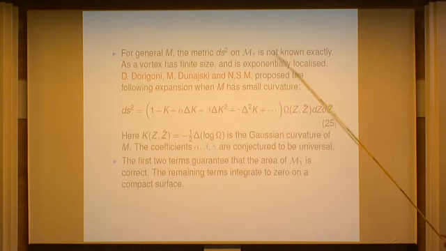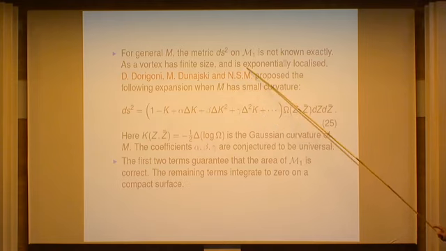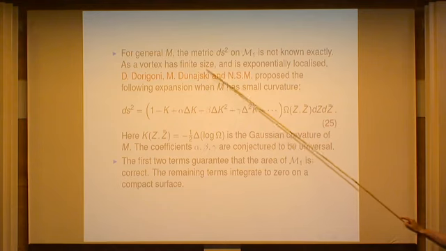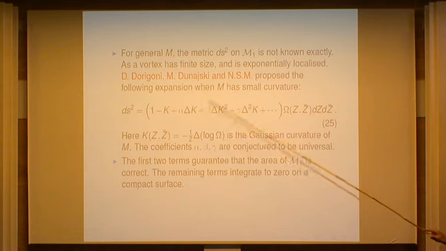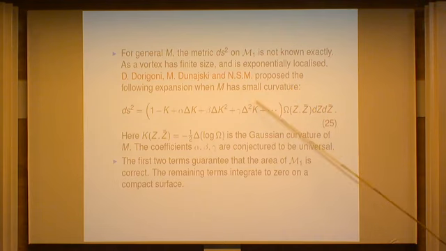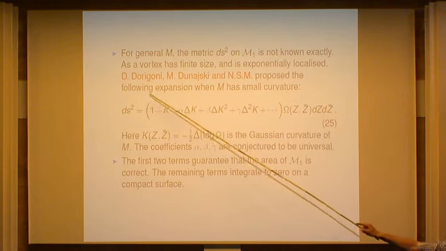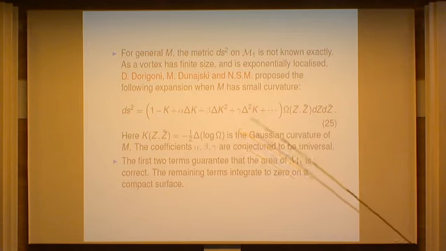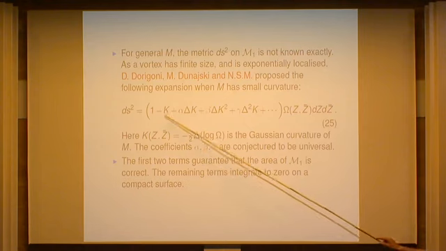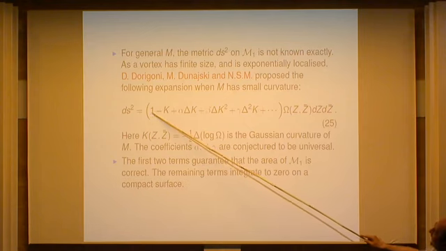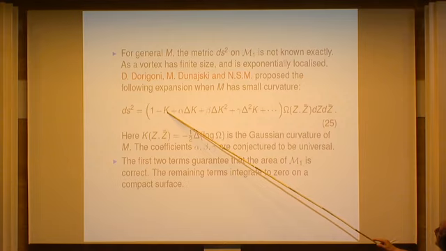And then this metric is not known exactly, as I mentioned before, but we know it's of finite size and exponentially localized. So with Maciek and Daniele Dorigoni, we proposed the idea, this was a proposal, this isn't a theorem, that the metric has the following expansion. It's a formal asymptotic expansion in 1 over L, this length scaling. So we want to modify the point particle metric.